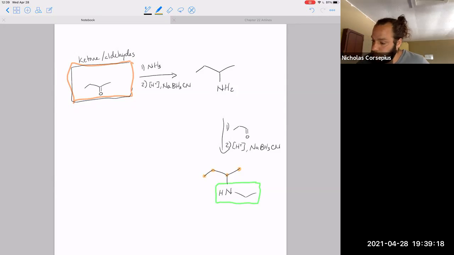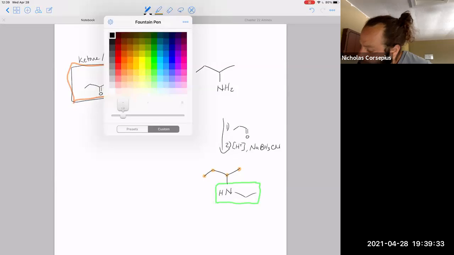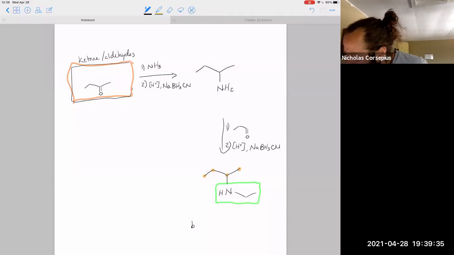Basically, your parent chain isn't going to have the nitrogen in the middle. The nitrogen is always going to be a substituent off of the parent chain. So in this case, we will have 4 carbons. So this is a butanamine located at position 2, right? So that covers our parent chain portion.